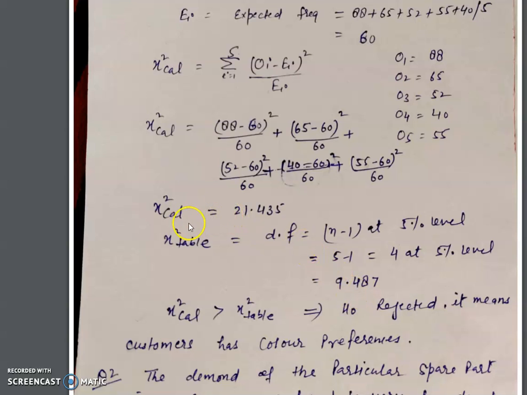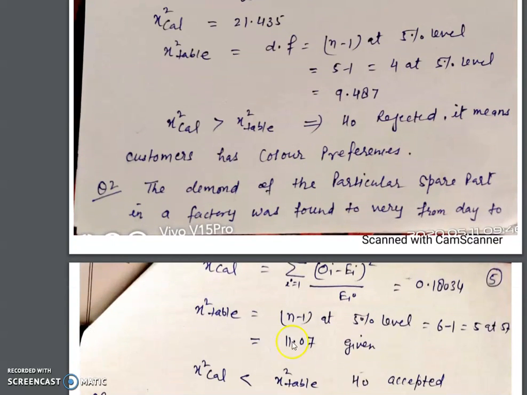The value of chi-square calculated is greater than the chi-square table value. Therefore, H0 is rejected. What is the significance of H0 being rejected? It means customers have color preferences. Now here is the second example.